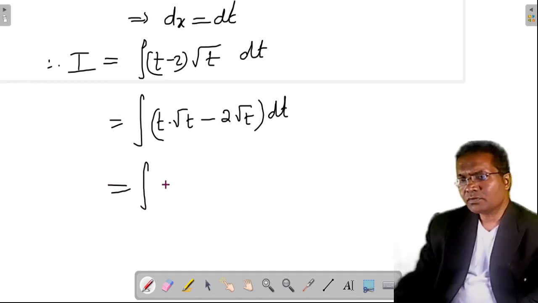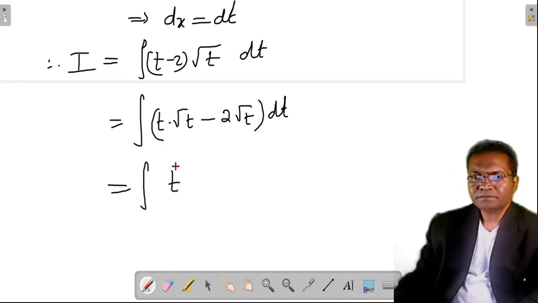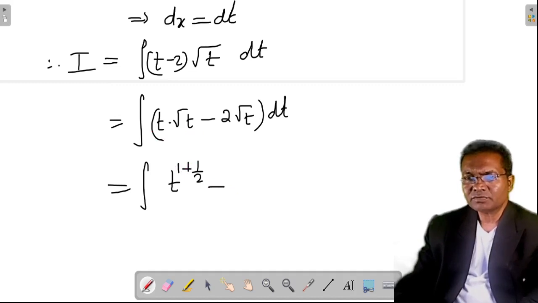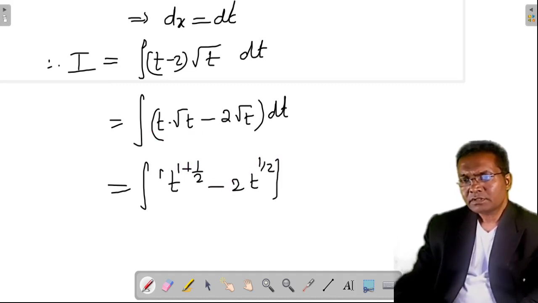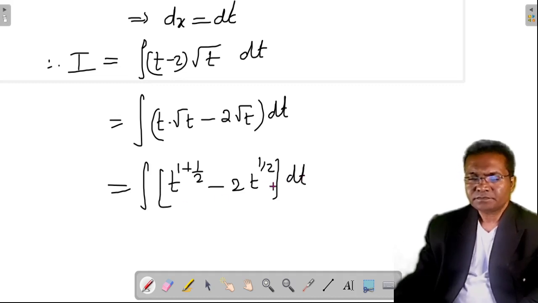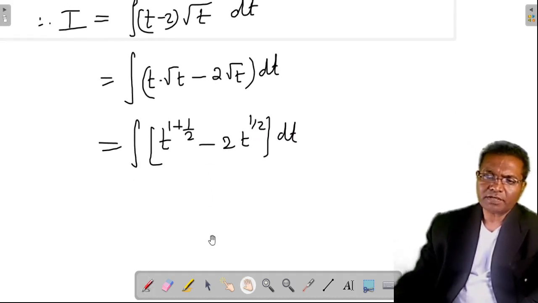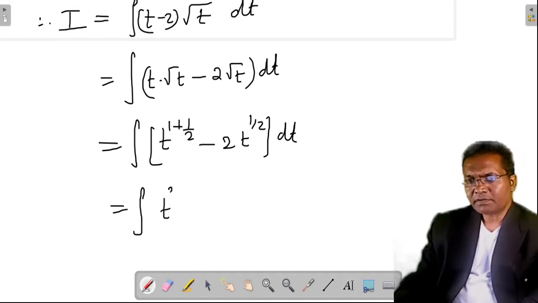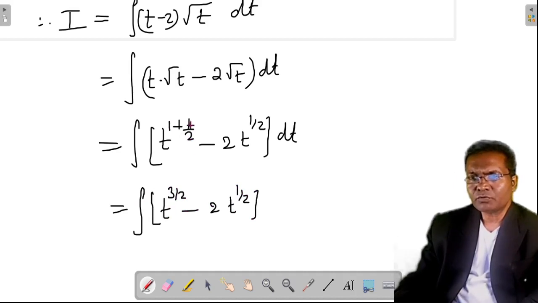Multiply this t into root t. So t into root t can be written as t power 1 plus 1 by 2. One can directly write t root t is t power 3 by 2. In the power of n, convert and then integrate. Integration of t power 3 by 2 will get, minus 2 into t power half. 1 plus 1 by 2 is 3 by 2.